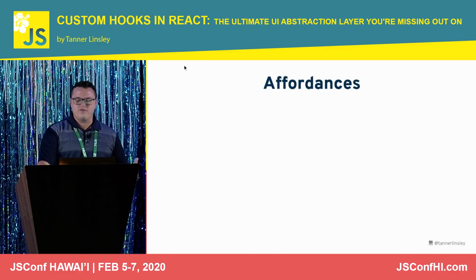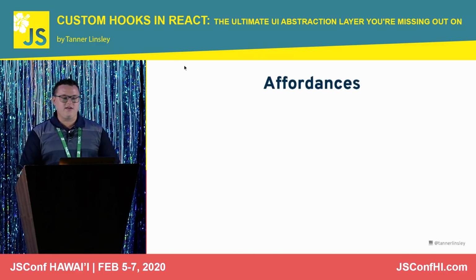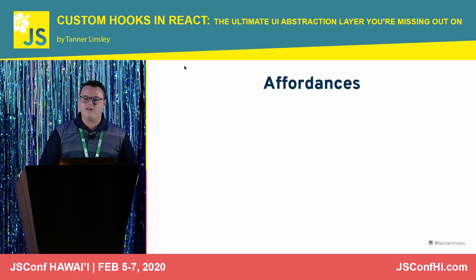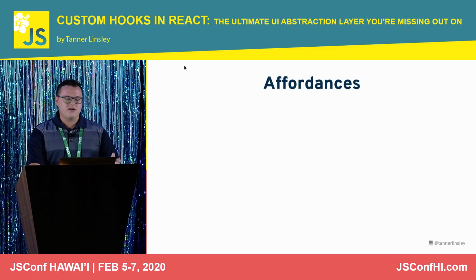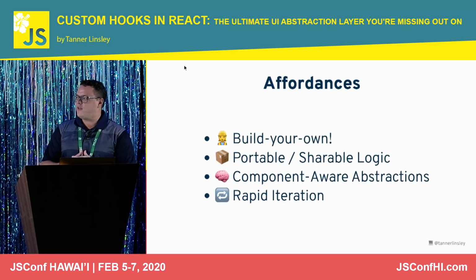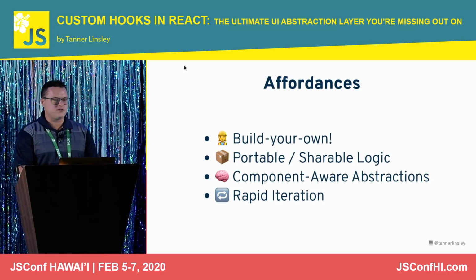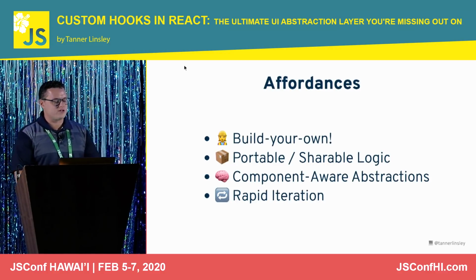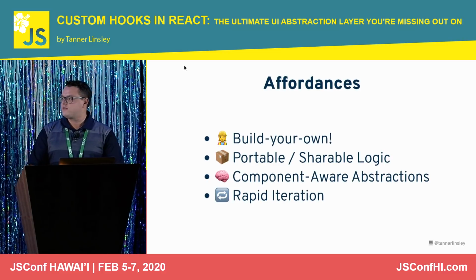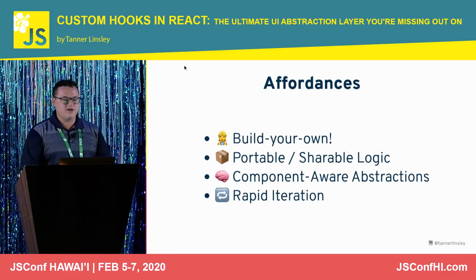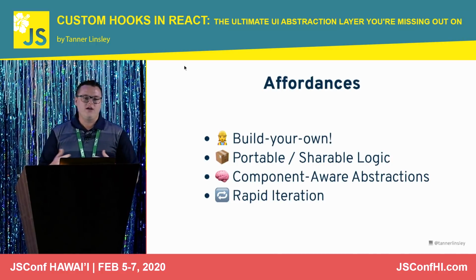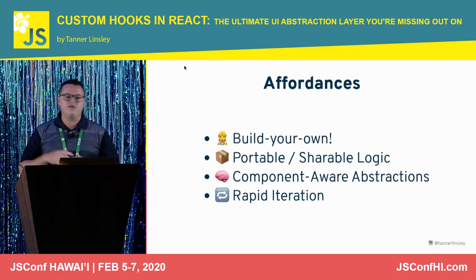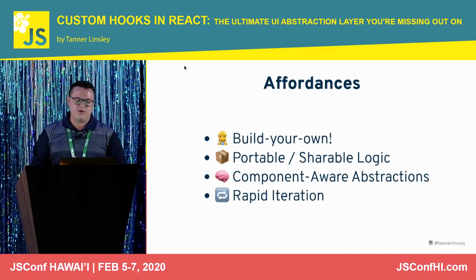Custom hooks are so powerful. I believe that they give us a couple more affordances that we didn't have when we were using class components. I think that they encourage us to build our own solutions because it makes building our own solutions easier. The API is more expressive. I also believe that building hooks, custom hooks, is way more portable and shareable than building custom components and trying to move logic around with components.